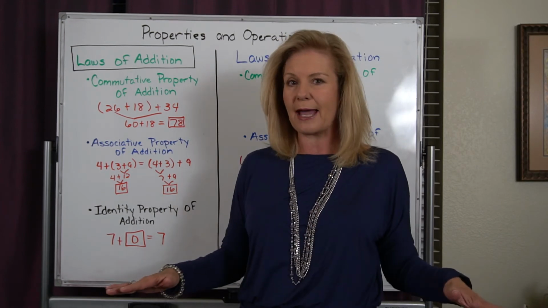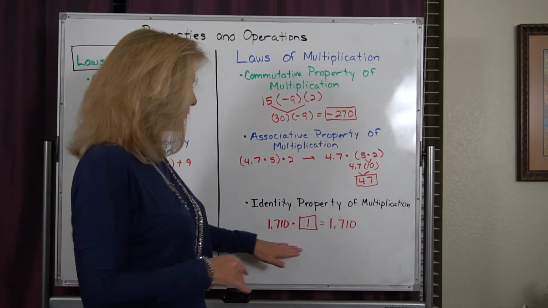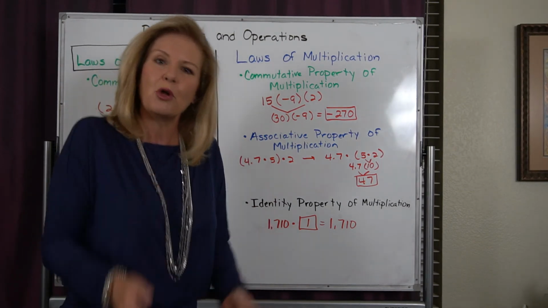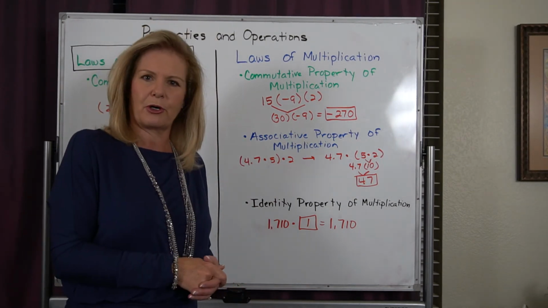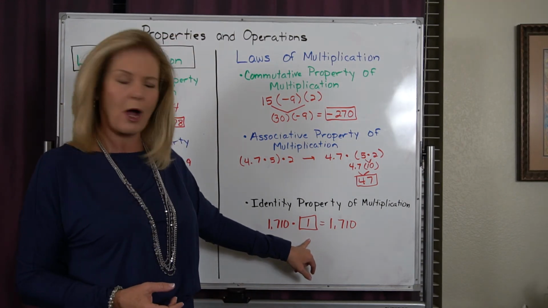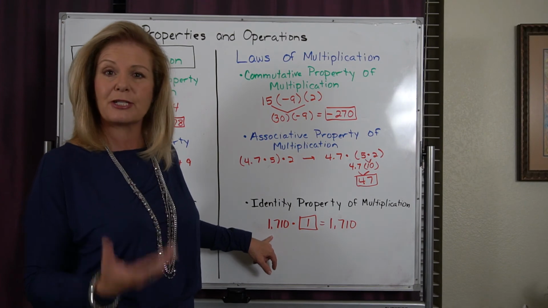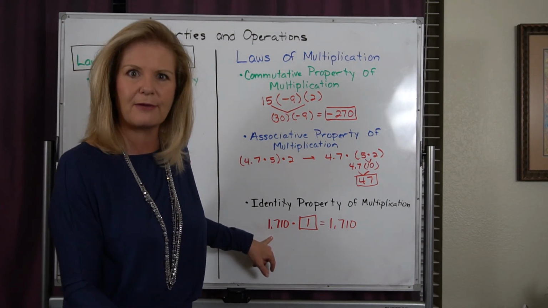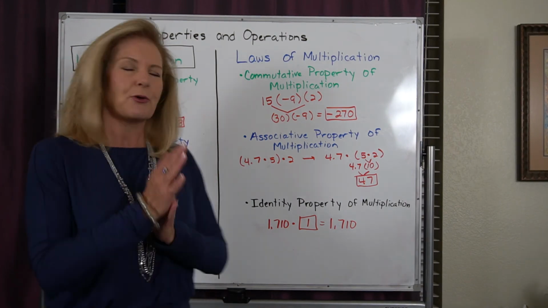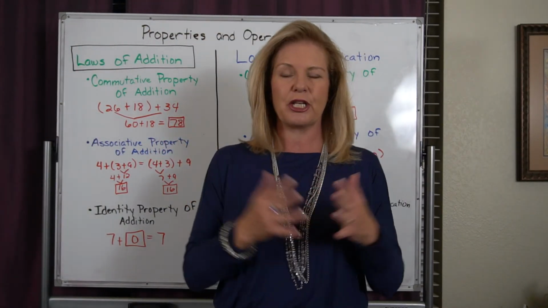So that's all that property talks about. Same thing for multiplication. What is the only number I can multiply by another number and keep that number's identity? Well, I can only multiply by 1. So if I want to keep the identity of 1,710, then I just multiply it by 1. So those are our laws of addition and multiplication.